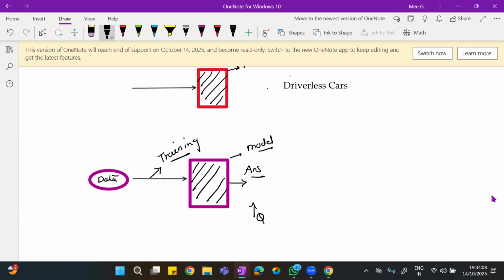Now, it works like this, guys. In simple terms, you may wonder how this gets the intelligence. Let's see a simple example. There is a gentleman here, and you know him.